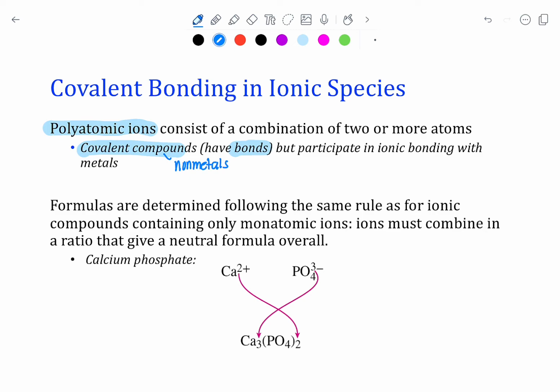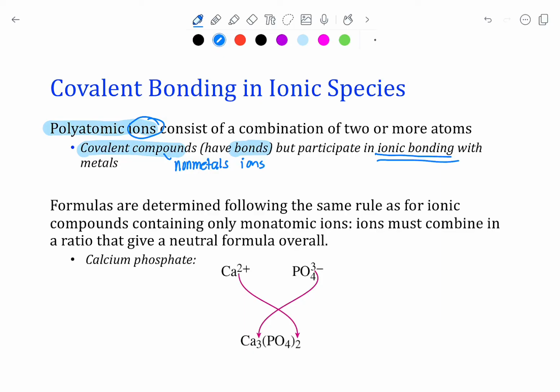But they are ions. That's a key word, that they're ions, so they're nonmetal ions that participate in ionic bonding. Because those are ions, they have a charge to them, meaning they would be attracted to metals, which is a definition of ionic bonding.